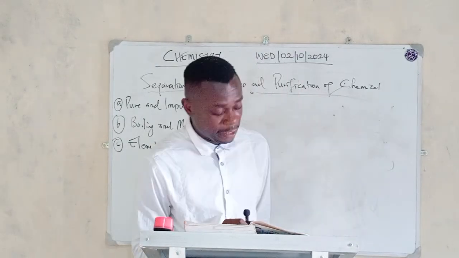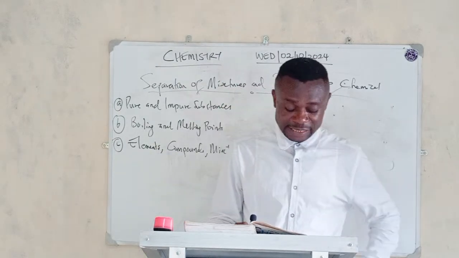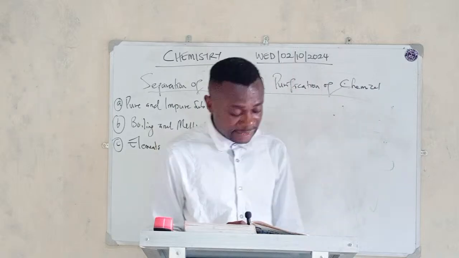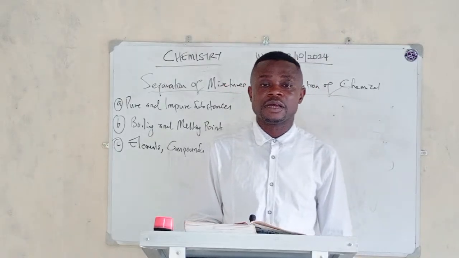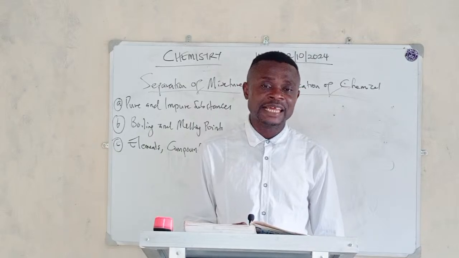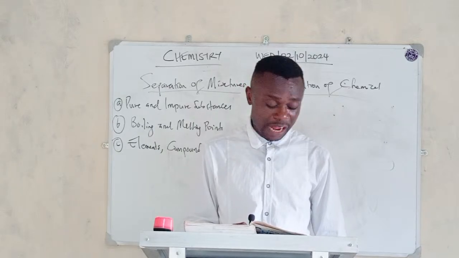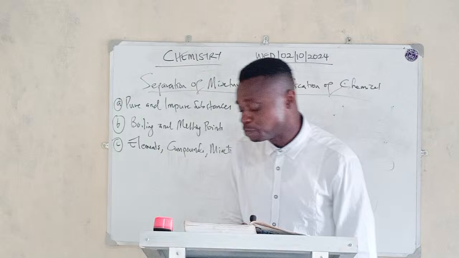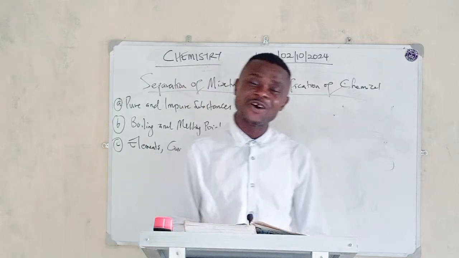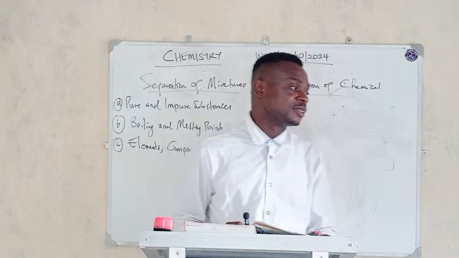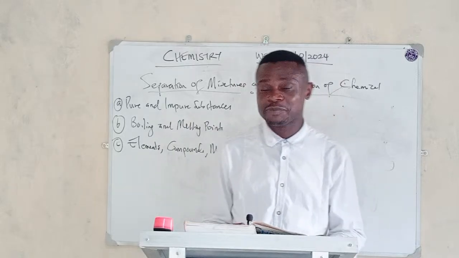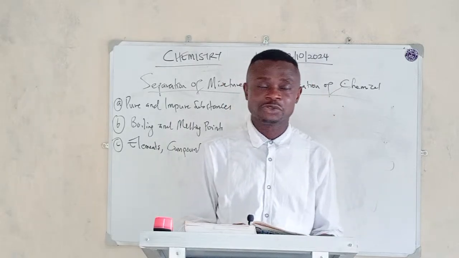Metals are lustrous, that's why you get things like metallic luster, but non-metals are not lustrous. Metals are good conductors of electricity and heat, but non-metals don't have the capacity to do that.